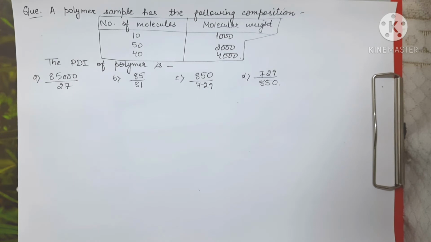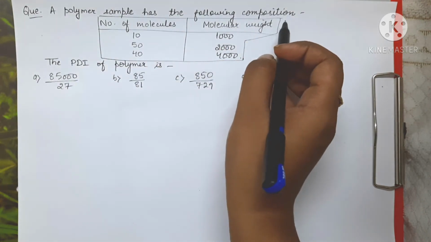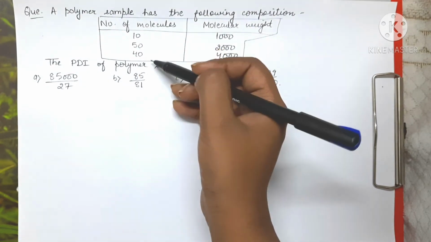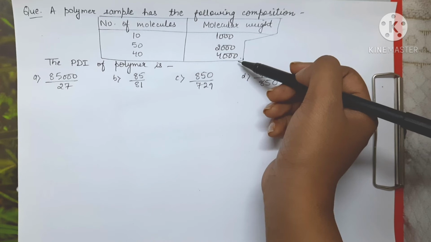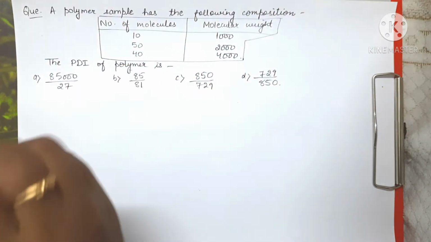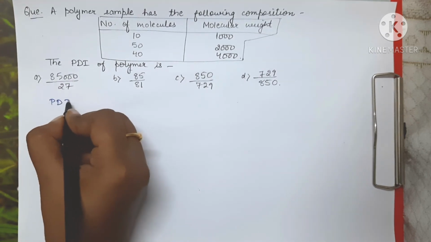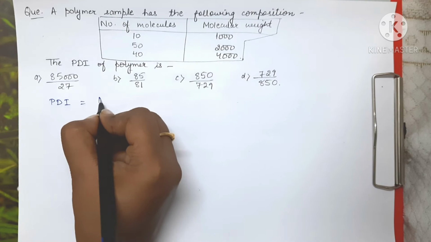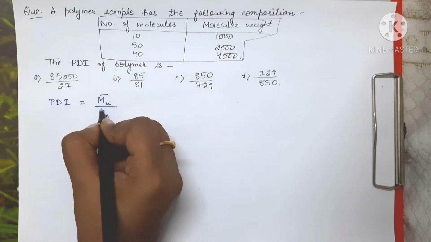The next question says that a polymer sample has the following composition. A number of molecules are given here and their corresponding molecular weights are given here, and we have to find out the polydispersity index of the polymer. So we know the formula for polydispersity index, that is Mw divided by Mn, right?